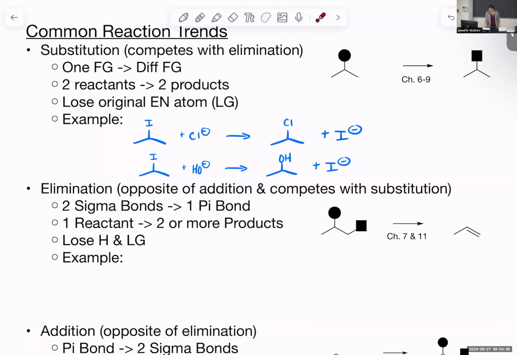Elimination is where you go from no pi bond to a pi bond. So substitution, one functional group to another functional group. Elimination, no pi bond to a pi bond. We're going to lose a hydrogen and a leaving group. It's going to look like the same starting materials as substitution, but you get a different product.